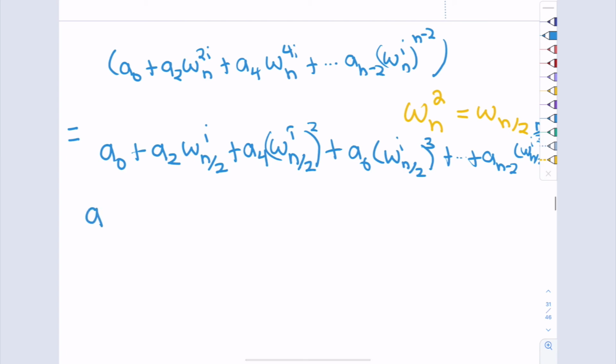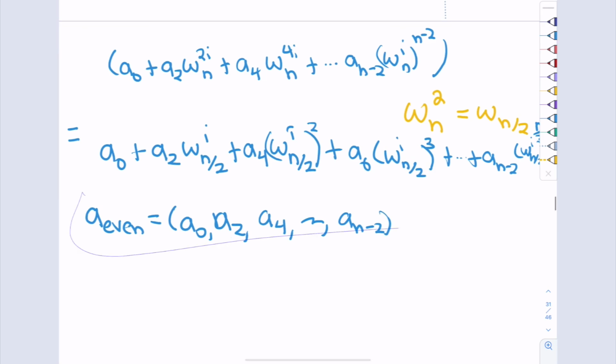Let's look at this vector, A even, of just the even coefficients: a0, a2, a4, up to a n minus 2.